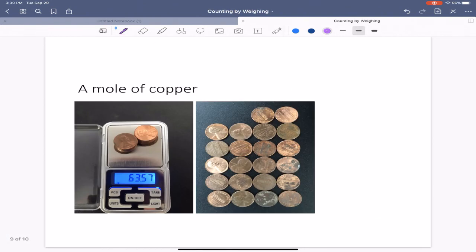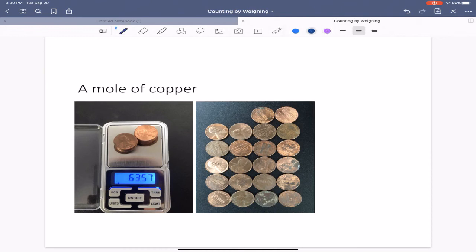So, why do we use this huge number? The answer is to make numbers manageable. A mole of copper is only 22 pre-82 copper pennies. What does that tell you about the size of an atom? It must be incredibly small.